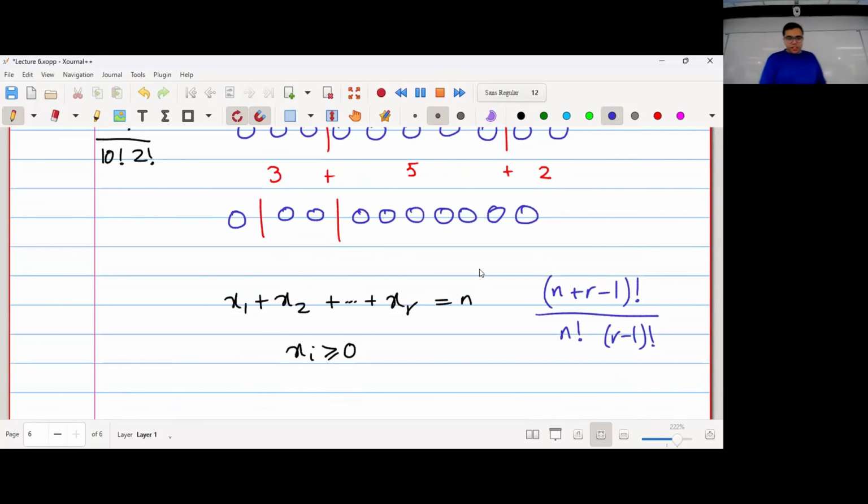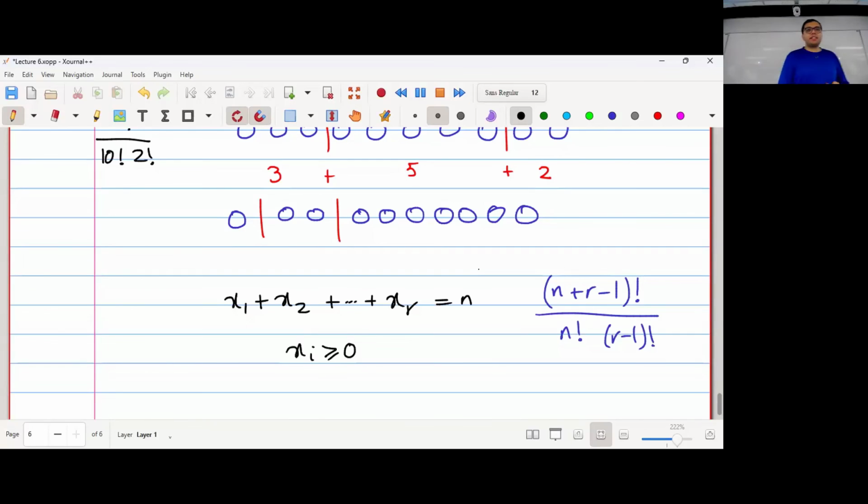So we've seen one way of counting this, but here's another way. I can say, well, I have 12 places, and in each one of these places, I have to put either a ball or a bar, right? And I know that among these 12 places, I have to put bars in 2 of them.